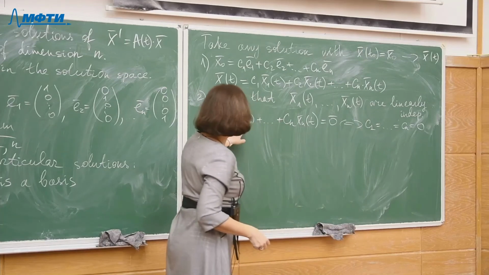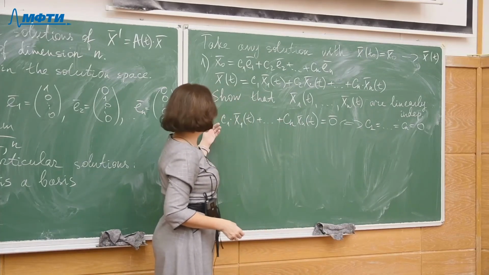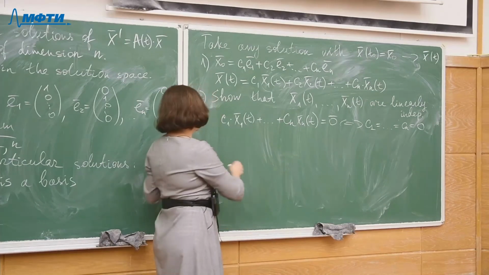This means that x1 and so on xn are linearly independent, and this is for any t.